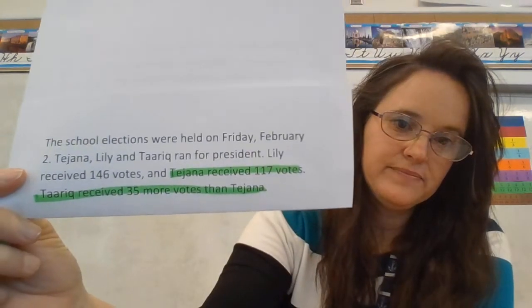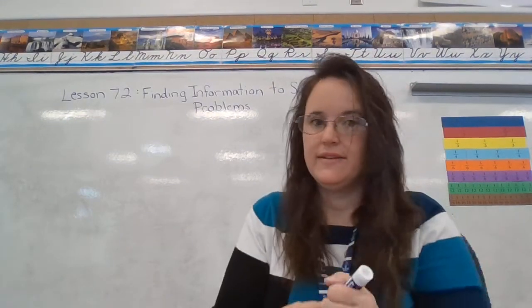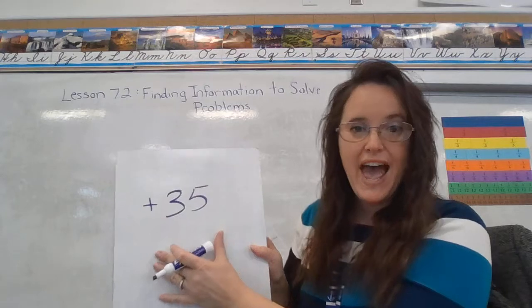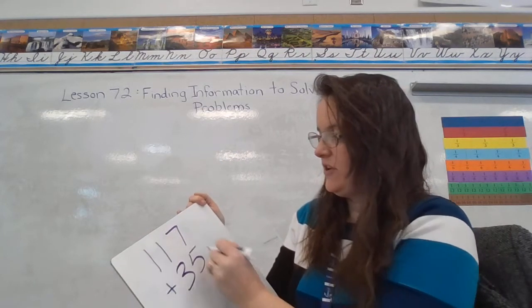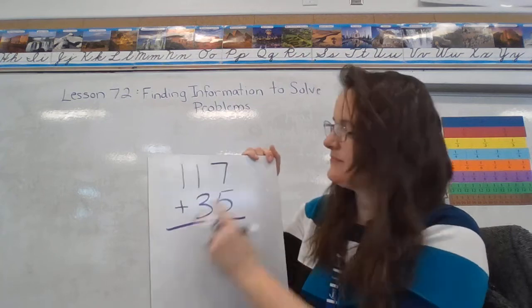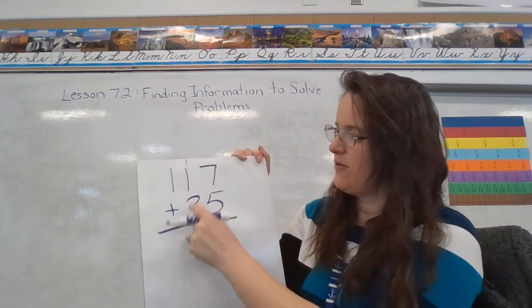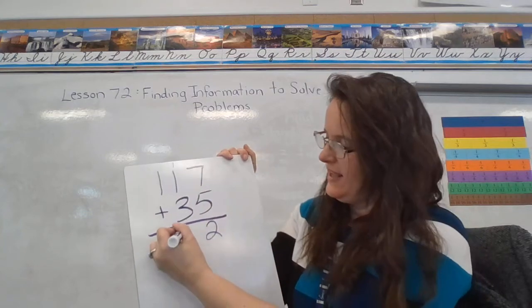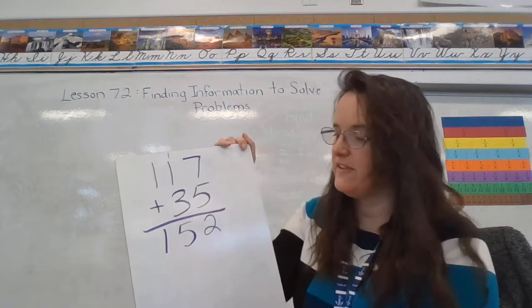Right there. So now we have all the information we need to be able to add 35 to the 117 votes Tahana had. 7 plus 5 gives us 12. 3 plus 1 plus 1 is 5, and 1 plus nothing is 1. That gives us 152.